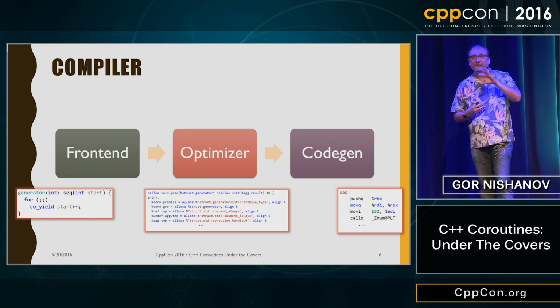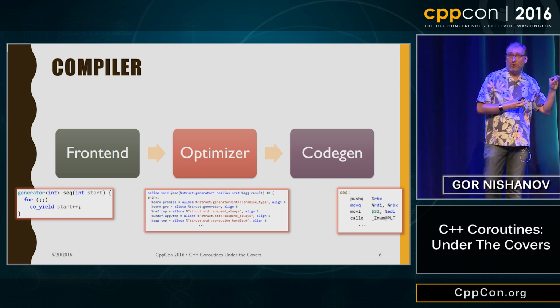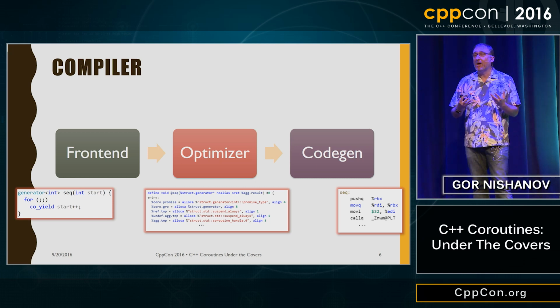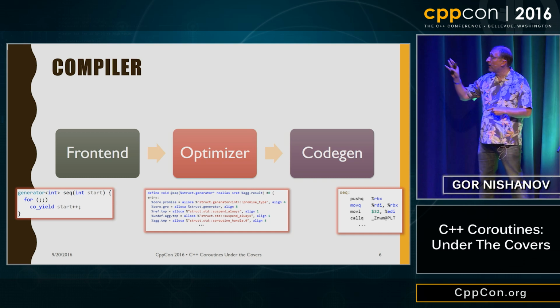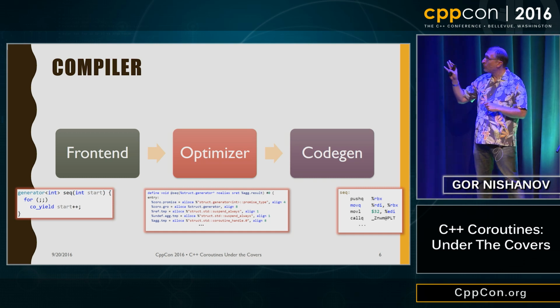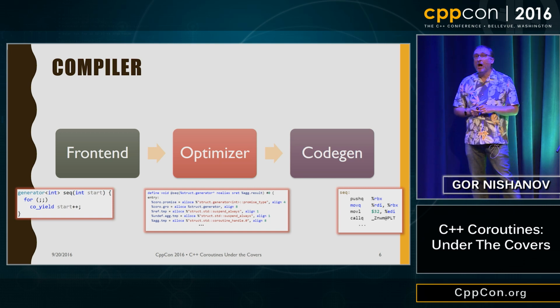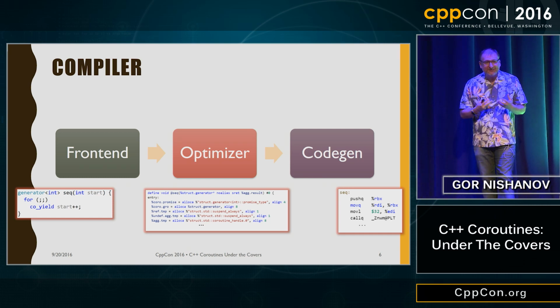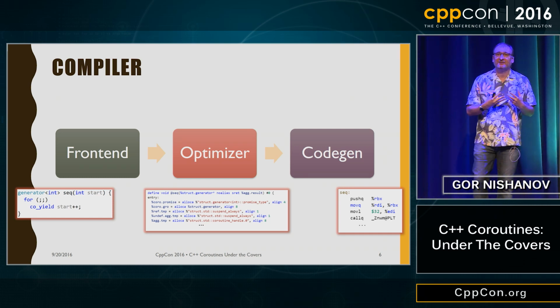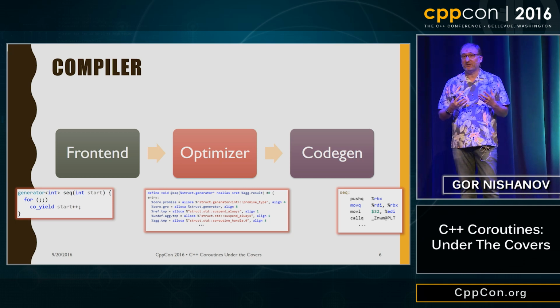When a suspend point is reached, it goes back to the caller. And then there is some mechanism which allows us to resume the coroutine. So in Clang, coroutine is lowered to LLVM coroutine, right here, retaining the same structure, because optimizers are very good at optimizing functions. They're not very good at optimizing state machines.